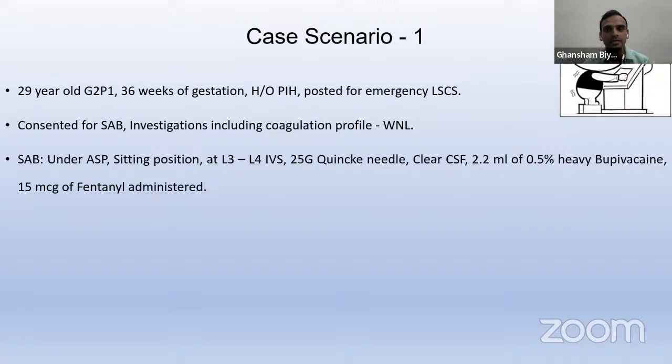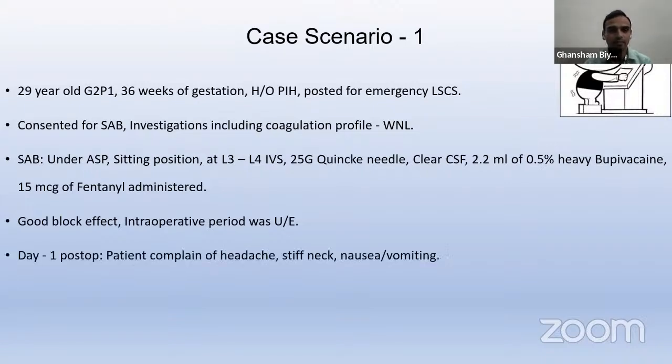After clear CSF, you injected the local anesthetic along with some adjuvant. The intraoperative period was uneventful, but the problem starts on day 1. On day 1 post-op, the patient comes to you with headache, stiff neck, nausea, and vomiting. So what do you think is the diagnosis?